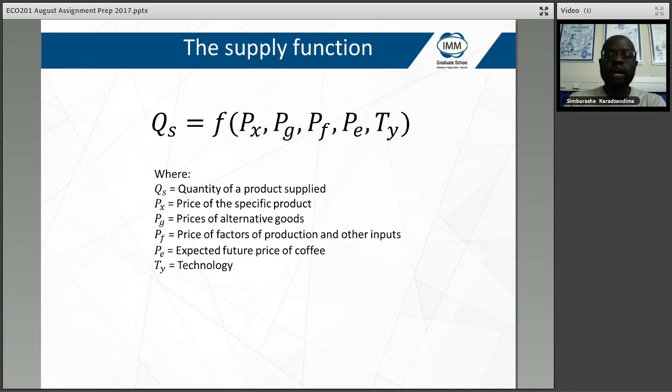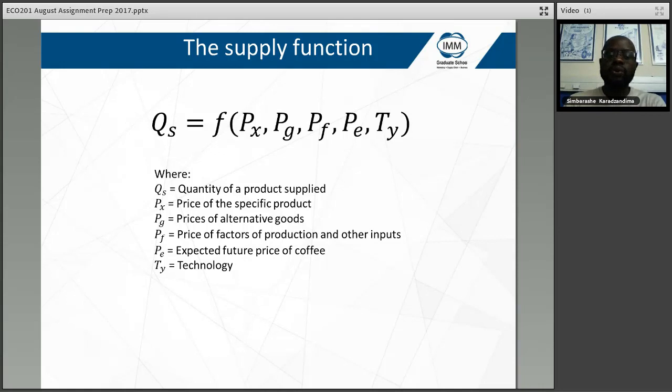So we are going to look at how an increase in the price of, for instance, laptops affects the supply of desktops. If the price of laptops increases, it means that the production or the supply of desktops is going to decrease, because HP is going to focus on the laptops, which they are making the most money from. Then the supply of the other product will decrease.